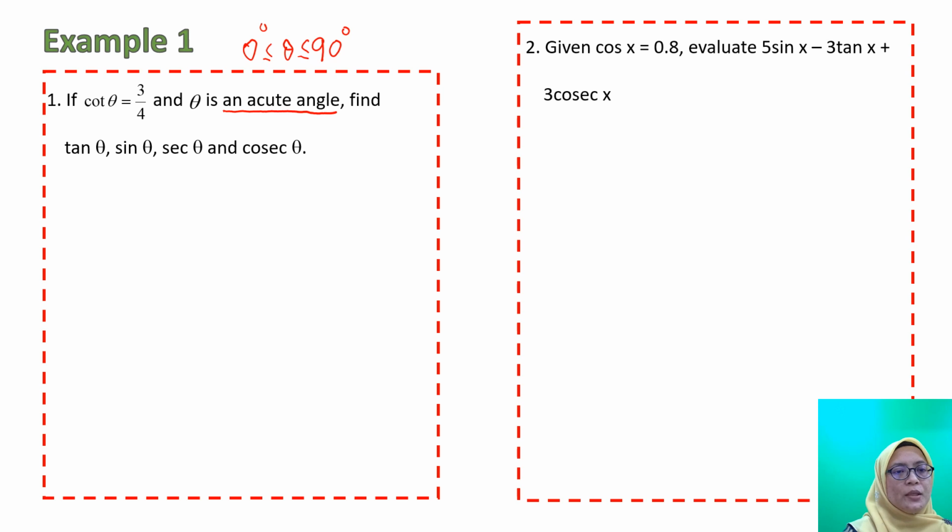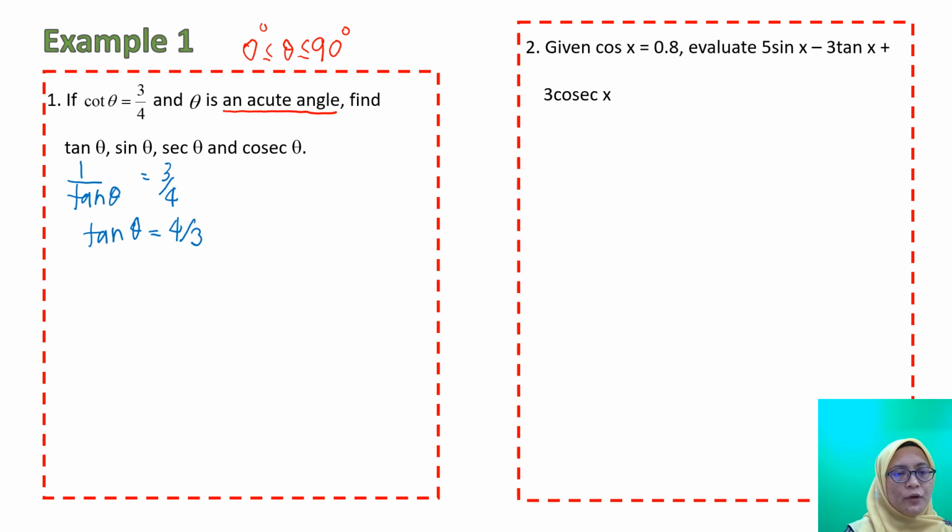From here, cotangent theta is 1 over tangent theta, equal to 3 over 4. So interchange, we will get tangent theta equal to 4 over 3.